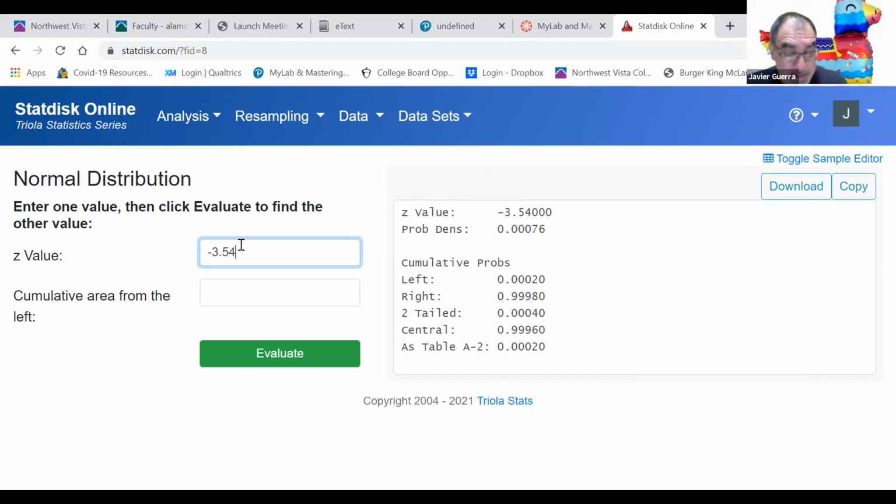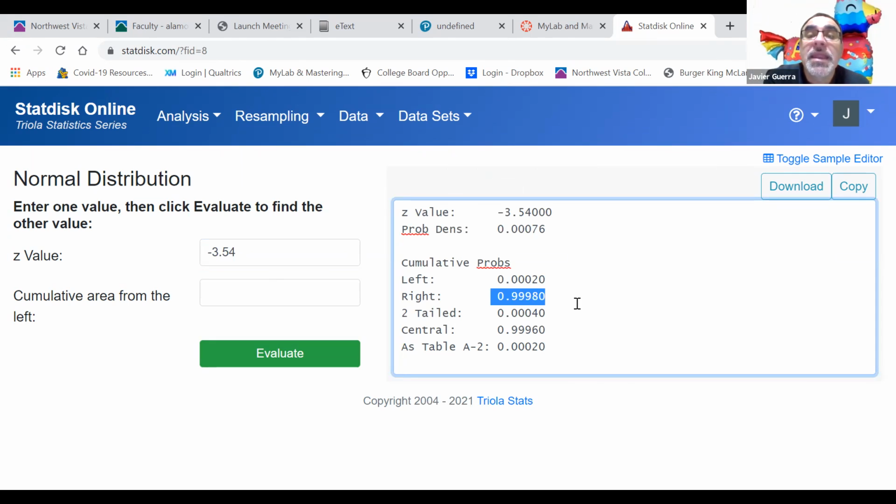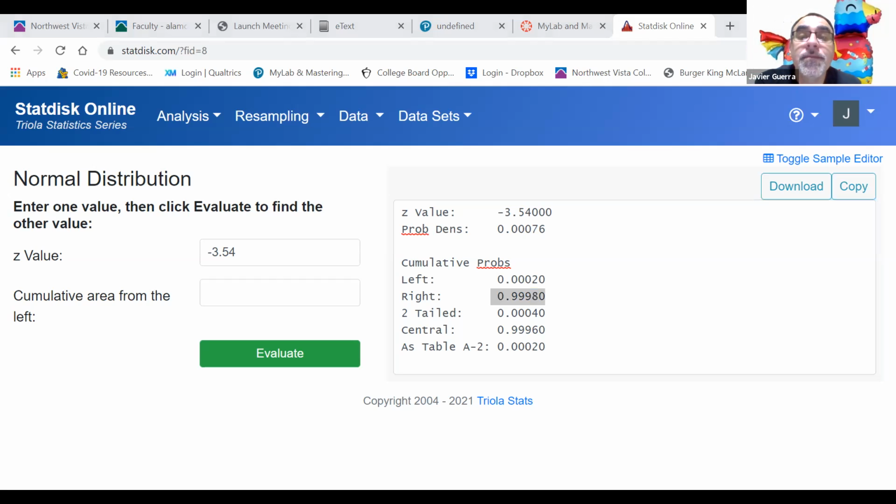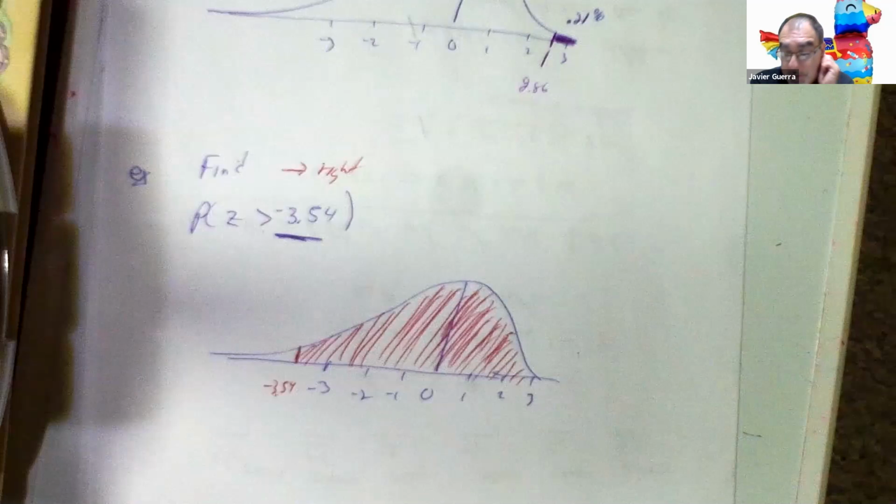And I want to get the right. Well, look at that. That's going to be 0.9998, or 99.98% of the graph is covered up. Almost covered the whole thing.